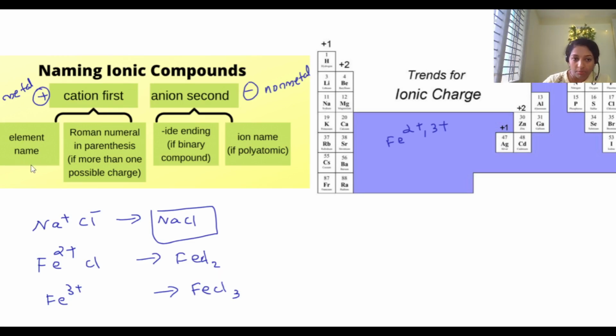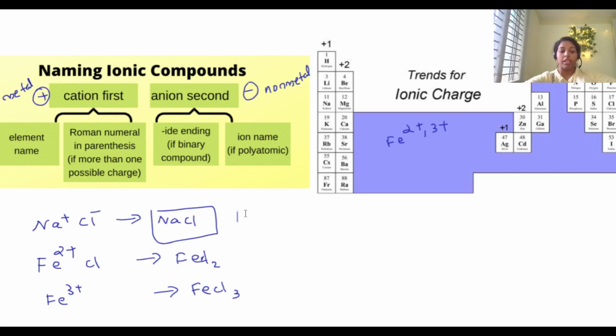So that's why this is the rule: first the element name as the cation, with a Roman numeral in parentheses only if the element can have multiple states. And then the anion: usually we just take the atom name with -ide. For example, NaCl.